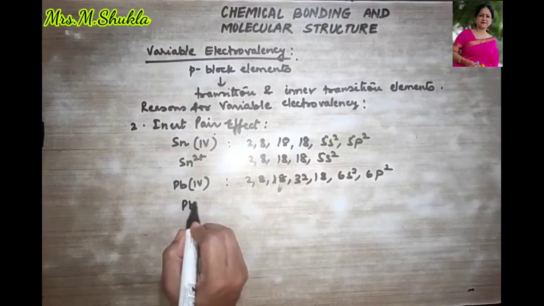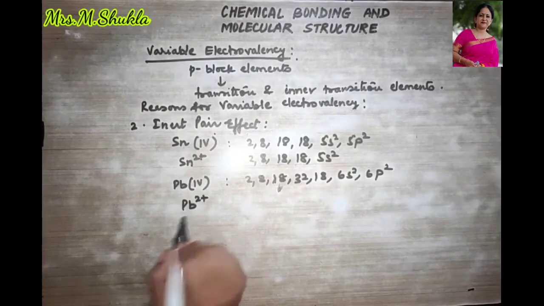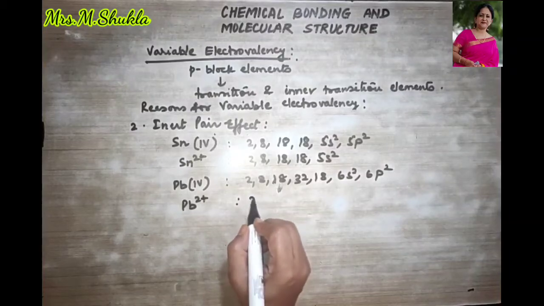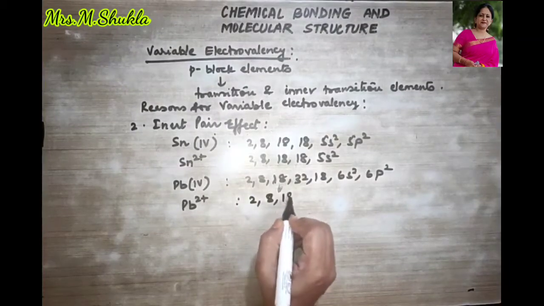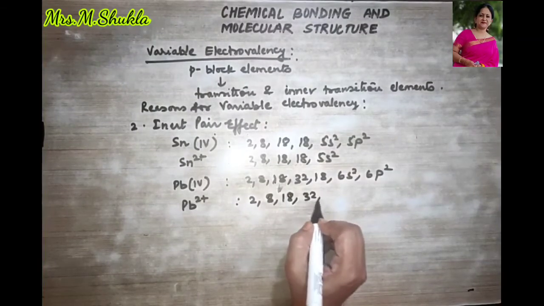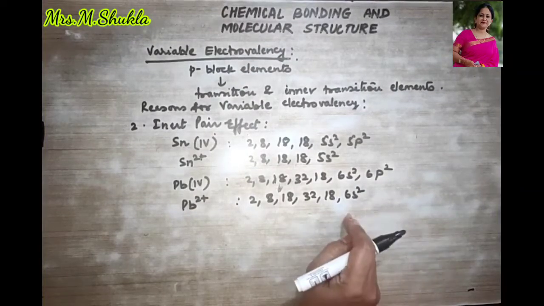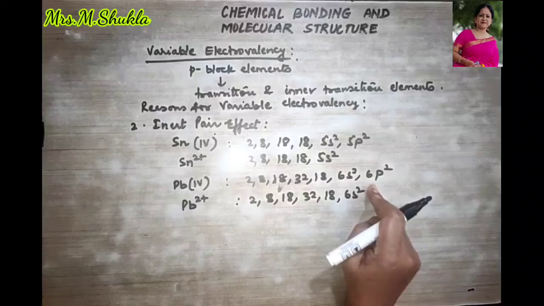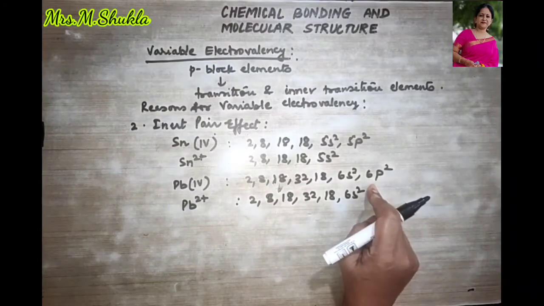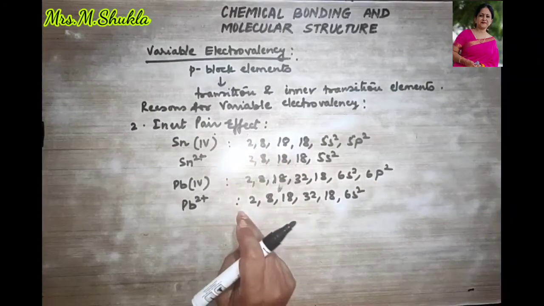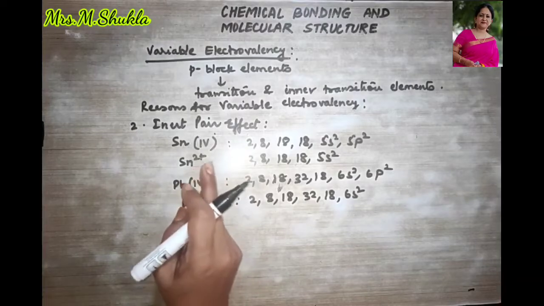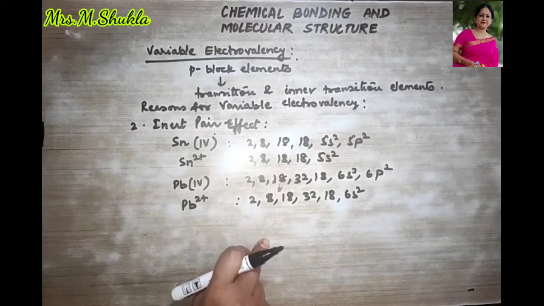And if we take lead 2+, then its valency becomes what? 2, 8, 18, 32, 18, 6s2. So over here, the 6p electrons are lost. So as we move down the group, what happens? The inert pair effect increases.